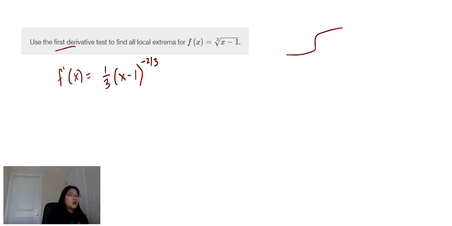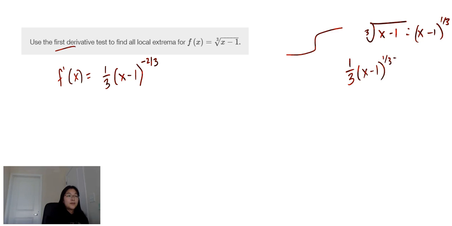Well, the cube root of x minus 1 is equal to (x minus 1) to the 1/3 power, and then we power rule that, so the derivative is 1/3 times (x minus 1) to the 1/3 minus 1 power, because we need to reduce our power by 1. So 1/3 minus 1 is negative 2/3.